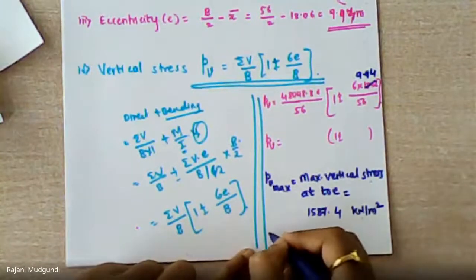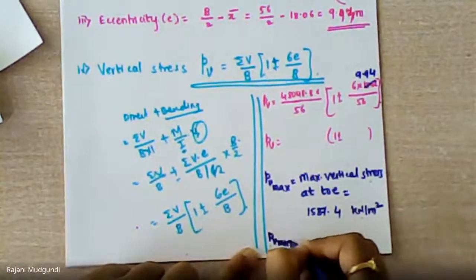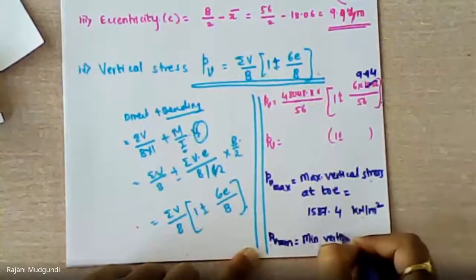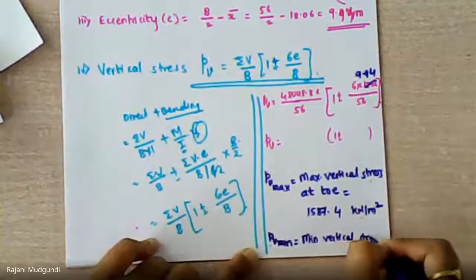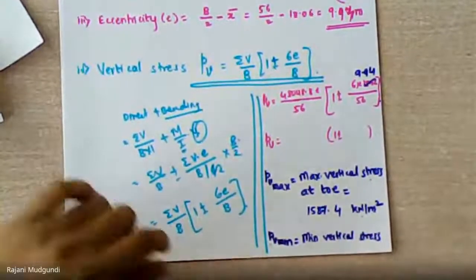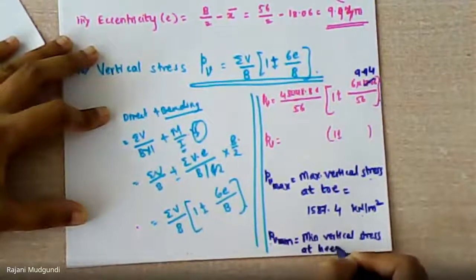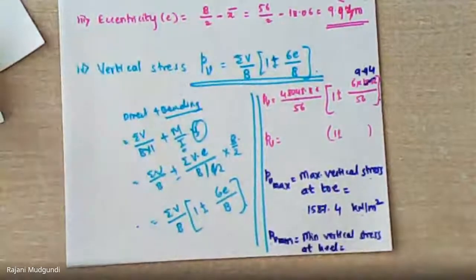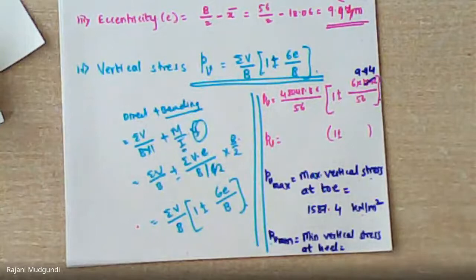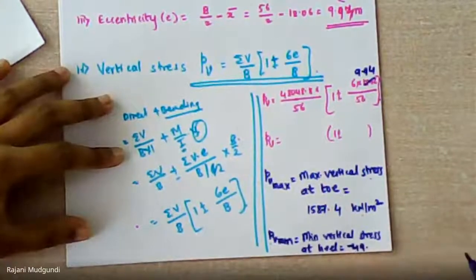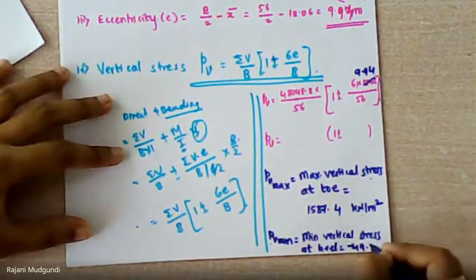On similar lines, calculate PV minimum, that is minimum vertical stress. So now this will get developed at the heel. So the answer, okay, Shweta, correct, it is minus 49.96. Correct.